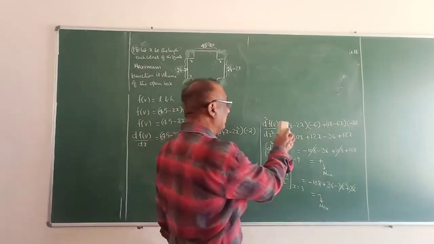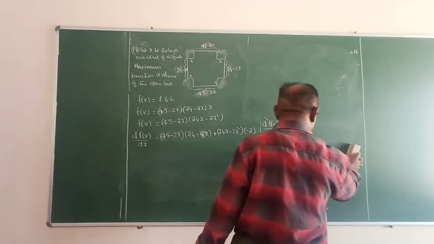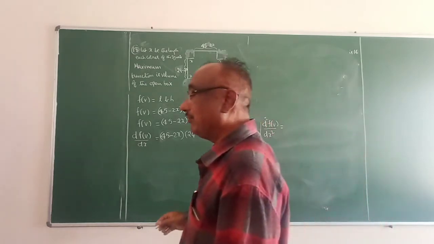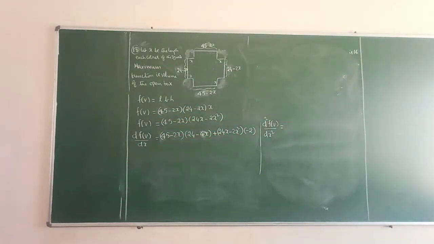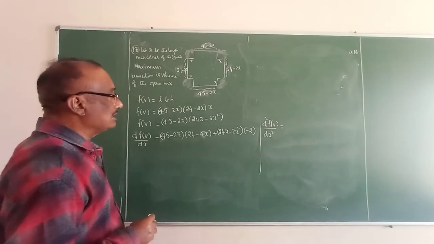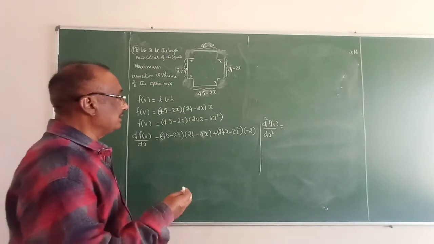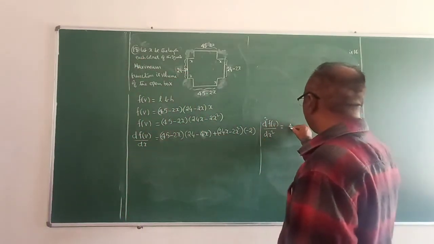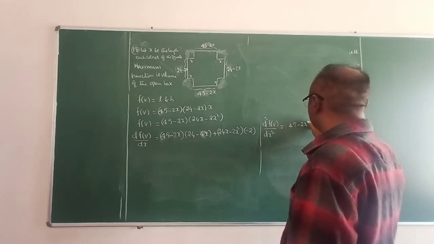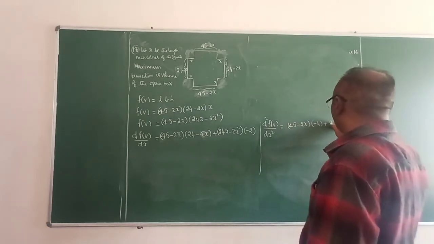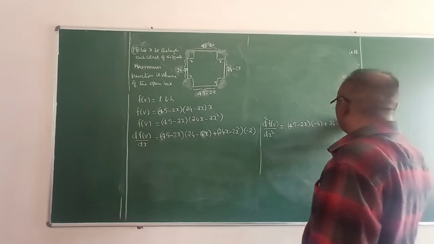Second derivative: write down d square y by dx square. First, do not go through the simplification; it becomes again the u into v form. 45 minus 2x kept as it is into minus 4, plus 24 minus 4x kept as it is into minus 2.